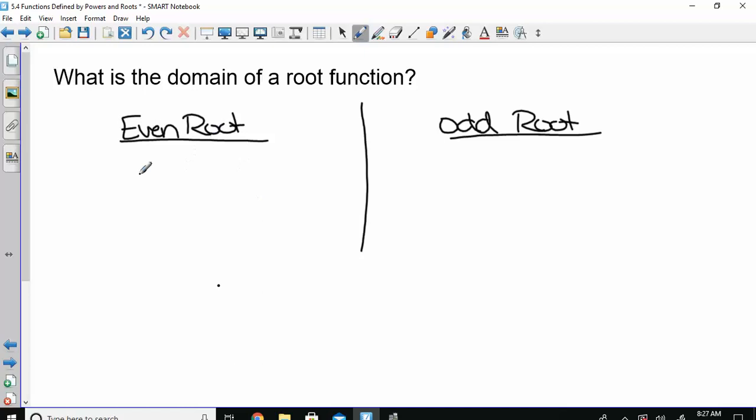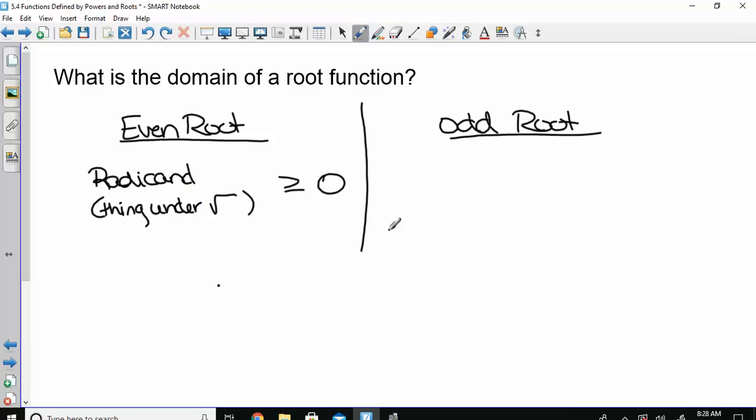Okay, with an even root, the radicand, which is the thing under the radical, has to be greater than or equal to 0.